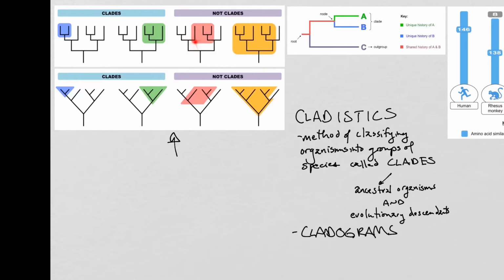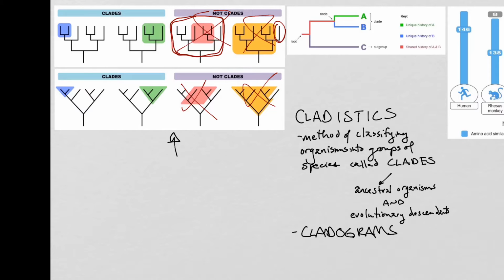If you wanted to include all of these here, this clade would need to be here. You would need to be highlighting this here. And the same goes over here. You can't exclude this evolutionary descendant right here and say that this is a part of a clade. So that's why these are not examples of clades.